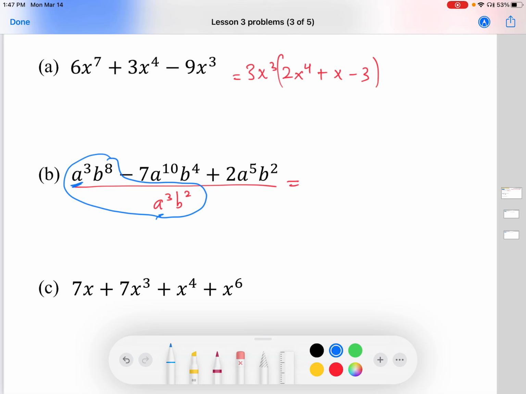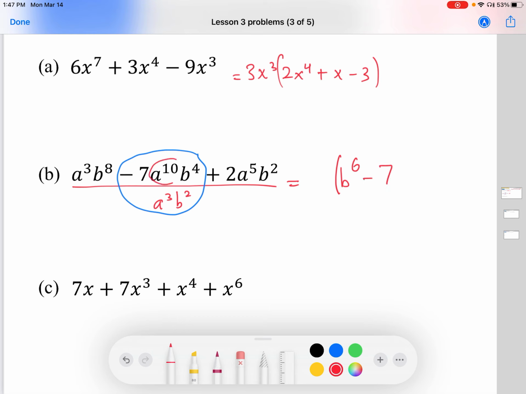If I look at the next term, b to the 8th over b squared, 8 minus 2 is 6, so that gives me b to the 6. Then I'm going to put a parenthesis here for later when we multiply things out. Then I move on to the next term, which is this middle one. This one has a minus 7, so I keep the minus 7.